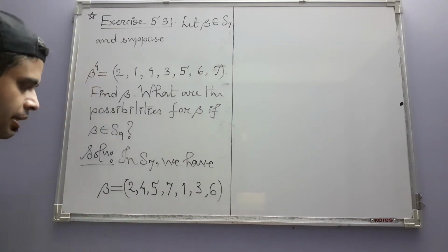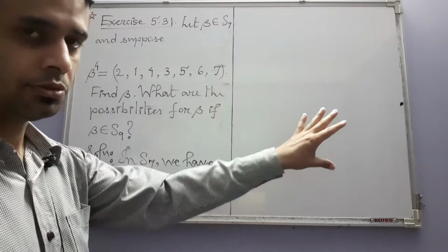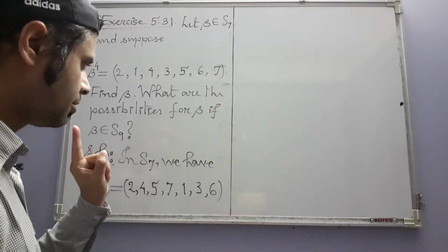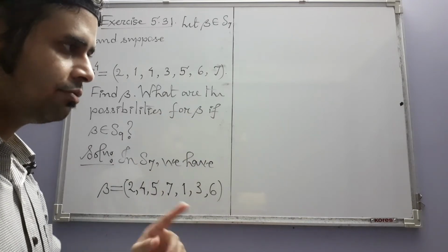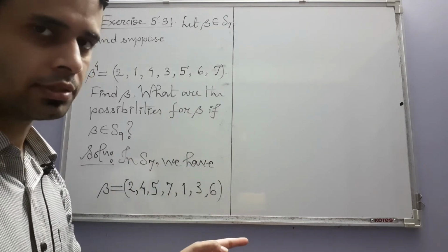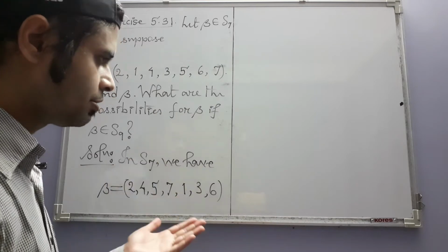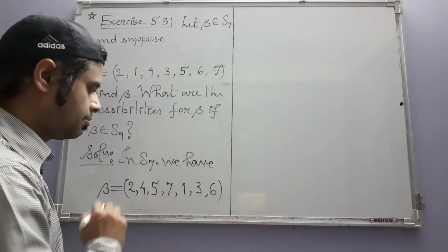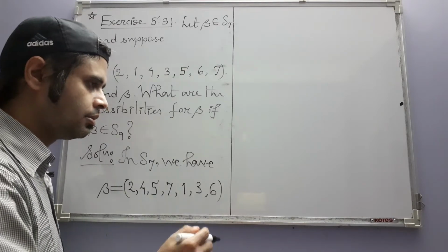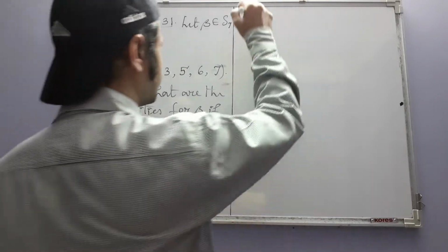So our new beta is considered as an element of S9. Beta will either fix 8, and if it fixes 8 it has to fix 9, and also if it fixes 9 it has to fix 8, or it maps 8 to 9 and 9 to 8.